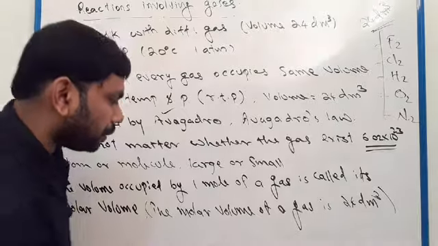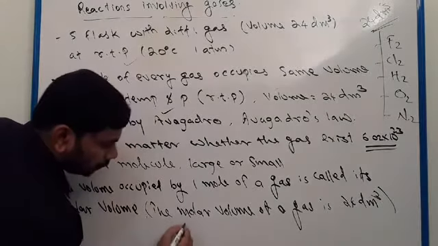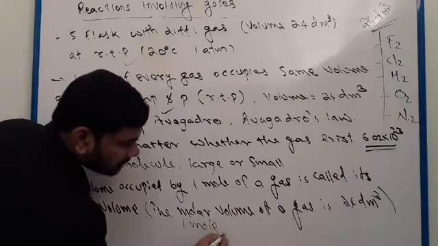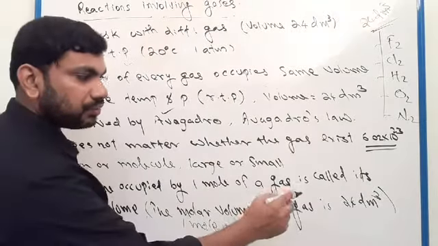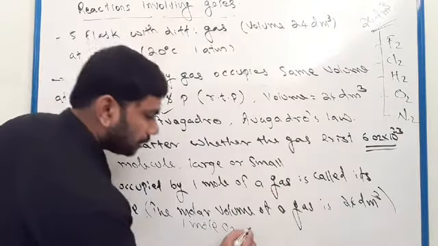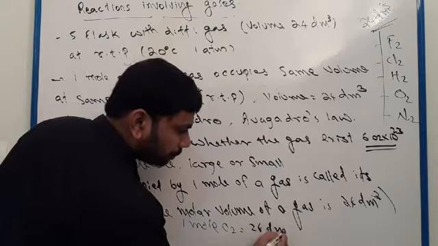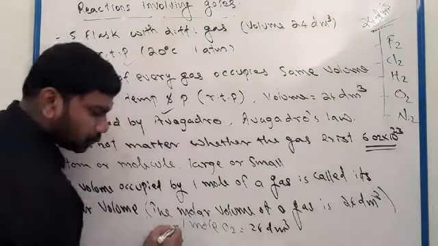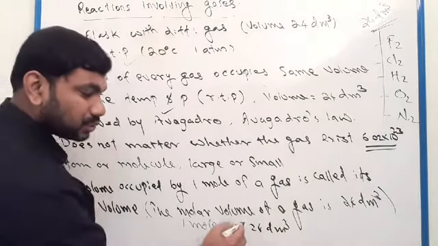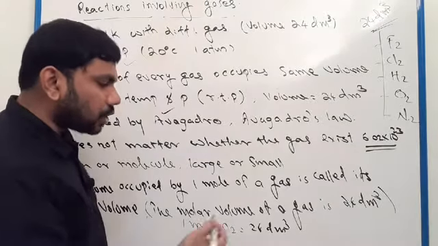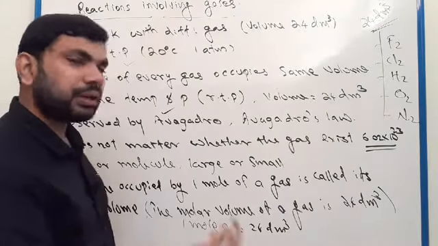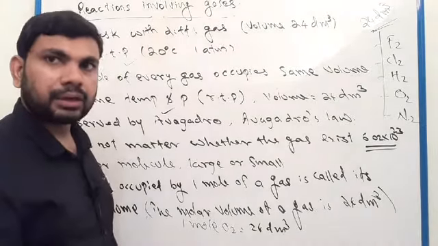You understand? 1 mole of oxygen gas means 24 dm cube, 2 moles of oxygen gas means 2 times 24 decimeter cube, and 3 moles of oxygen gas means 3 times 24 decimeter cube.